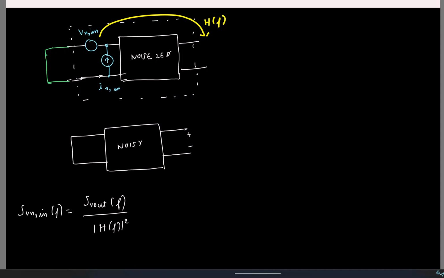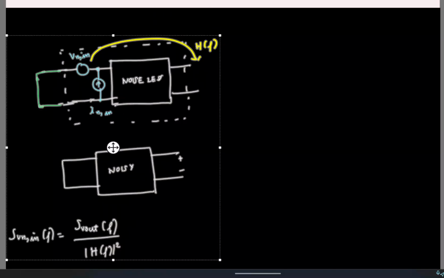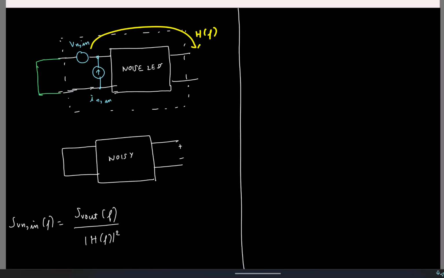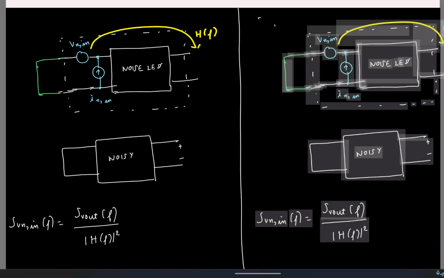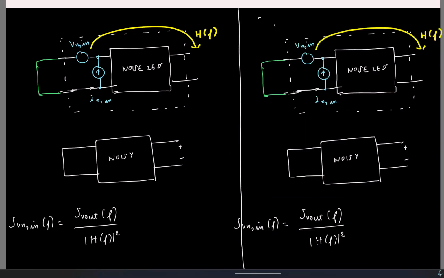And as I mentioned, you don't need to look at the output voltage. You can also look at the output current to find the input referred noise. So instead of looking at the voltage here, I can also short the output and find the current.